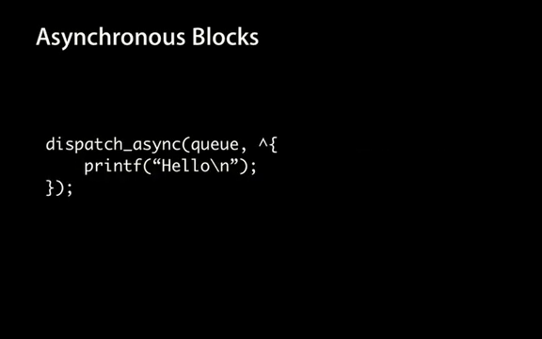So asynchronous blocks are what get put onto queues. And it looks something like this. It's very simple. There's a call, dispatch async. The first parameter is the queue that you want to target the block on. The second parameter is the actual block of code that you want to run. So in this example, the system will start up a thread or potentially reuse an existing thread, depending on availability, and will print hello.